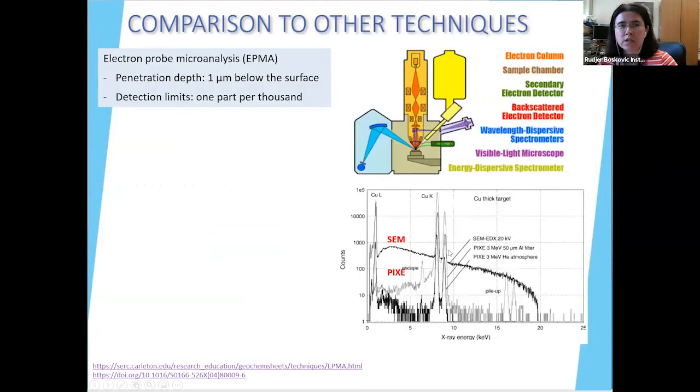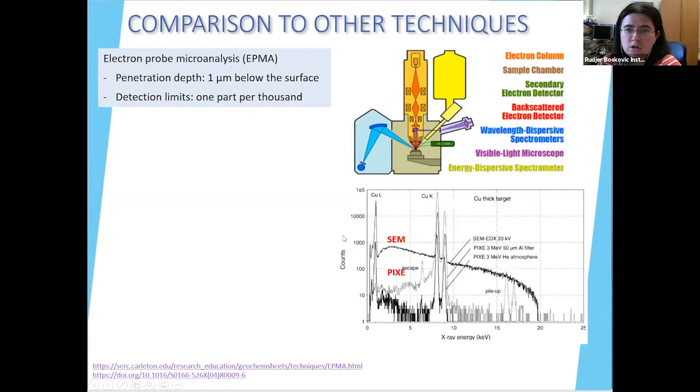So finally, I will just describe the comparison to other similar X-ray emission techniques. For example, in electron probe microanalysis, electrons usually penetrate only around 1 micrometer below the surface, compared to, as you saw, 2 MeV protons reaching up to around 50 micrometers.